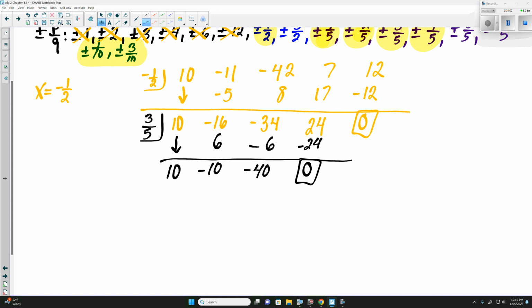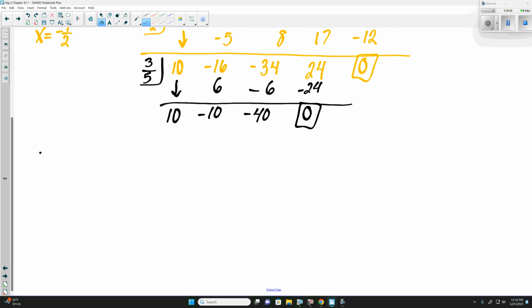So what we have to do at this point is plug the variables back in. 0 is our remainder, negative 40 is our constant term without x, negative 10 is our term with x, and 10 is our term with x squared. So we have 10x squared minus 10x minus 40 is equal to 0.